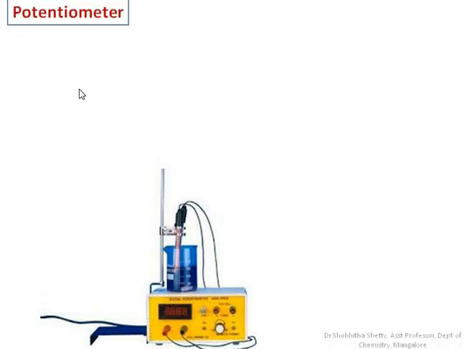So what is this potentiometer? Potentiometer is the instrument and potentiometry is the method which is used for the determination of concentration of the analyte, ion or substance. How do we measure the concentration here?